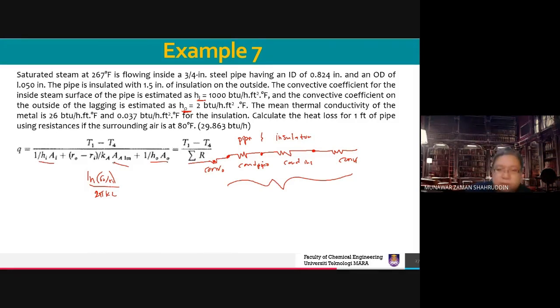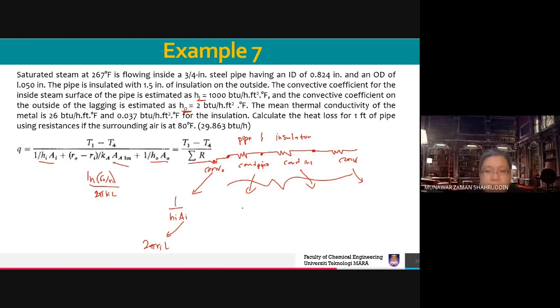So how to solve this equation is by determining each R, okay, have their own R. So for convection, R dia is 1 over HI AI. Okay. So AI ni beritahu lah dia adalah pi R RIL. Okay.